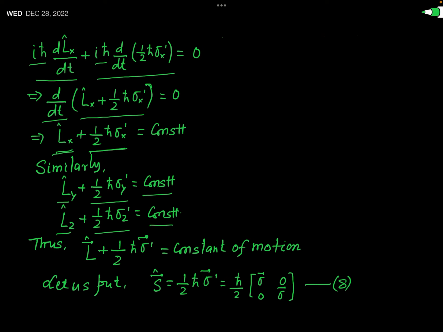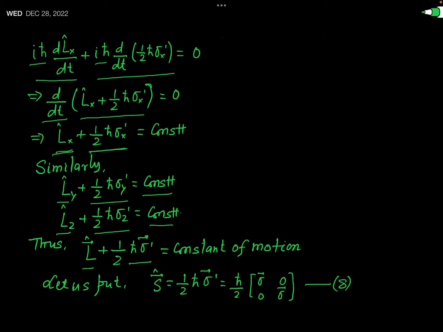So when we add all these three vectorially, what do we get? We get that Lˆ plus 1/2 ħ σ is a constant of motion.